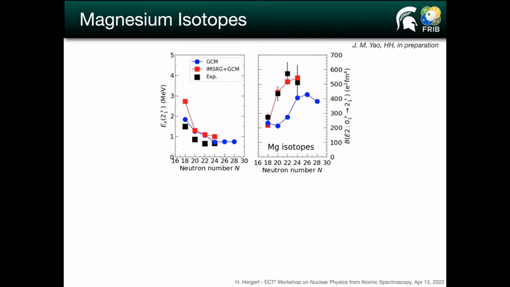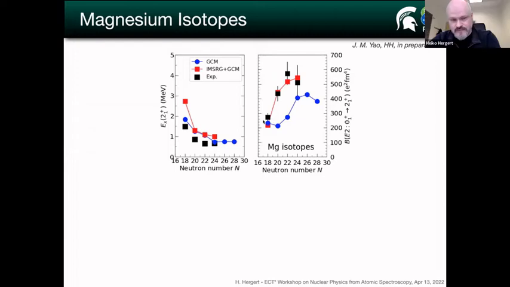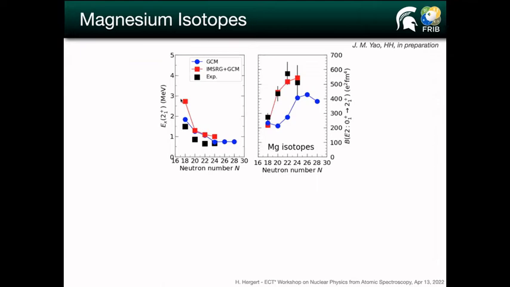So it may happen, even though not so frequently, that they are not exactly corresponding to each other. So you see for some, for example, neutron number equal to 18, the BE2 is smaller than the experimental data. And also for 22, the BE2 value. So yeah, that's my reply.